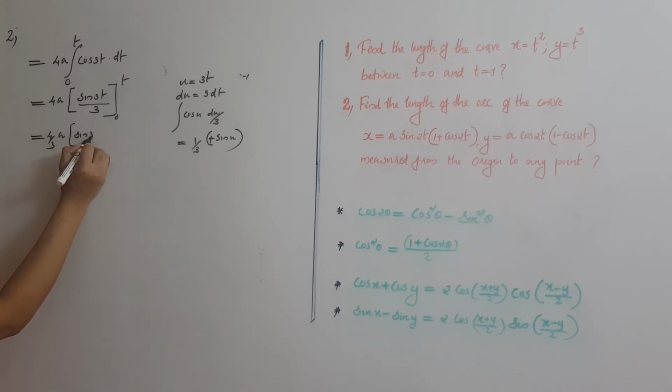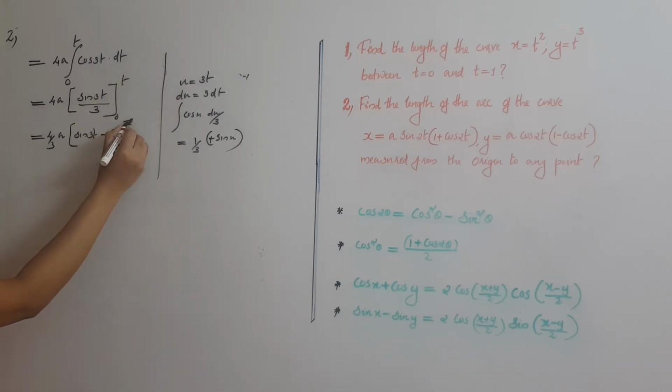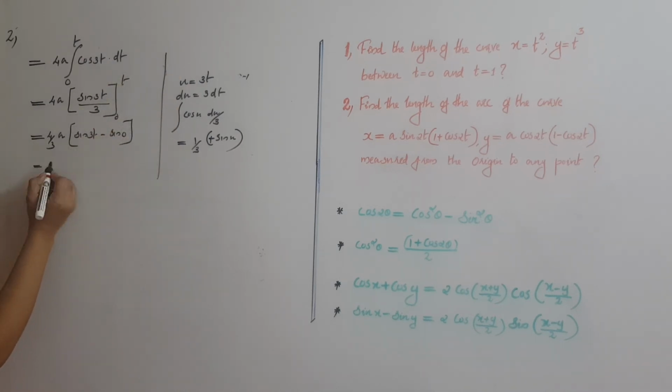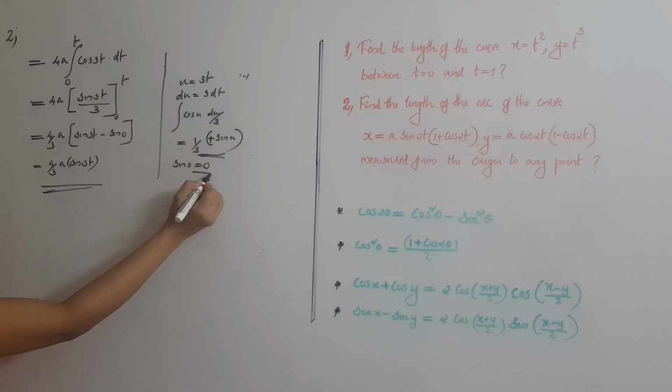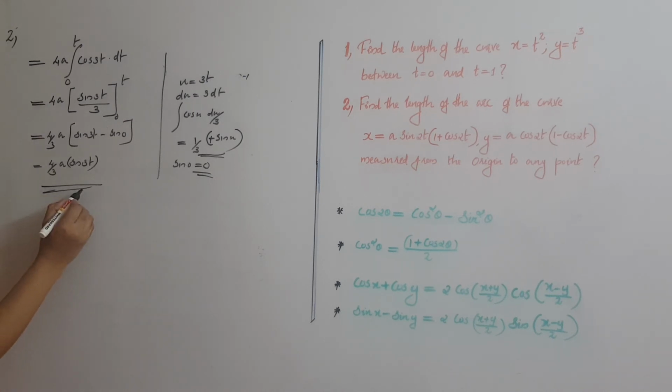Sin 3t minus sin 0 is equal to 4 by 3 a sin 3t. Sin 0 is 0. This is the final answer, 4 by 3 a into sin 3t. Thank you.